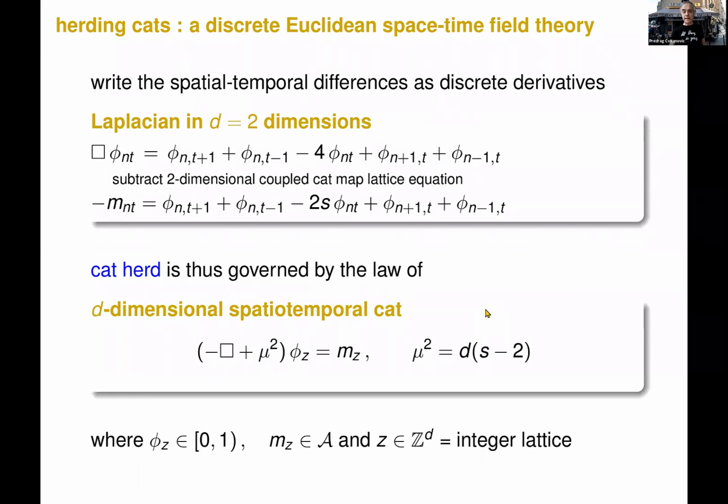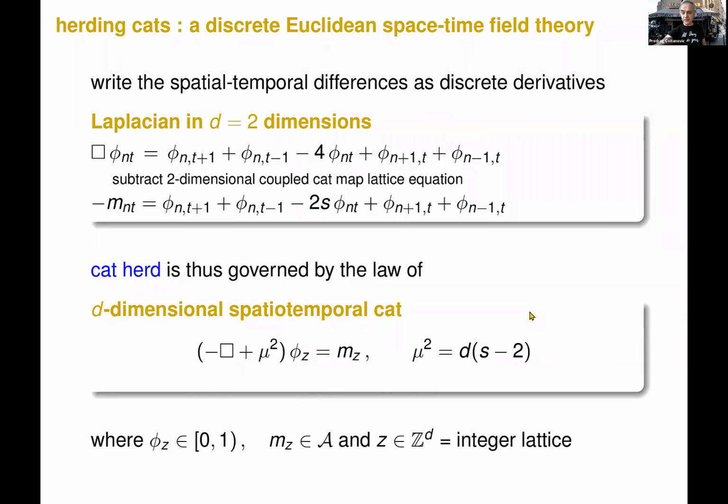So now let's write this in the continuum. The Laplacian in two dimensions compares four neighbors with where I am. Subtract this from this law of cats that governs cats. And now the herd of cats is governed by the d-dimensional law, where the Laplacian is balanced by a parameter mu squared, which cares about whether s is larger or smaller than 2.